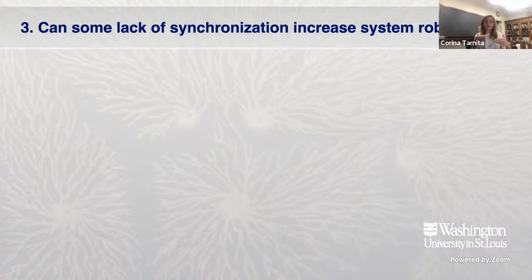The idea would be that some lack of synchronization might increase the robustness, because these loners are like reserves, like a seed bank. They can always recapitulate the innovation of multicellularity without themselves being subject to the possible cheating and other things that might happen within the groups.